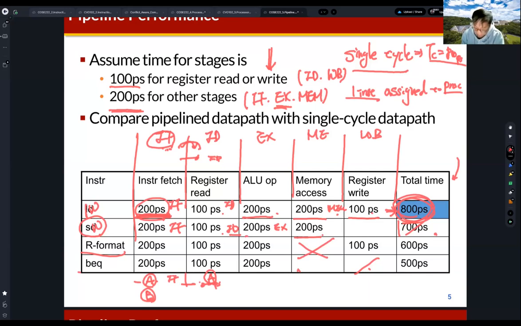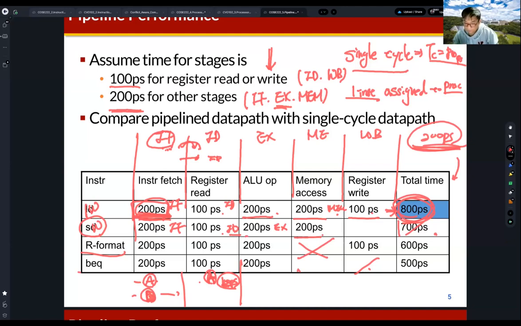A could complete early, taking only 100 picoseconds, but B needs to stay in the instruction fetch stage for 200 picoseconds, because it takes longer. So A needs to stay in the register read, the instruction decoding stage, for the same time. So the longest delay, 200 picoseconds, becomes the clock period of the pipelined architecture.